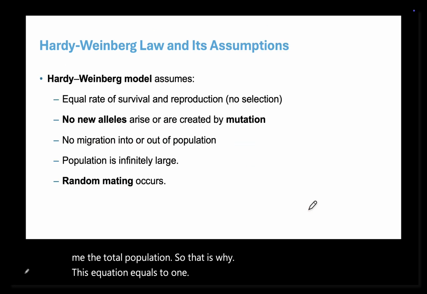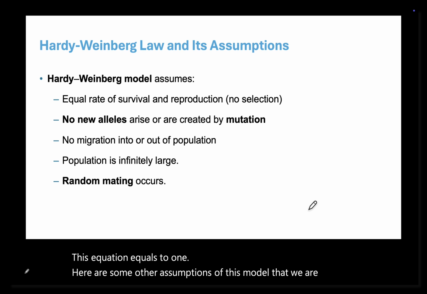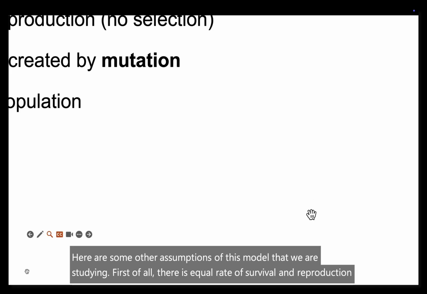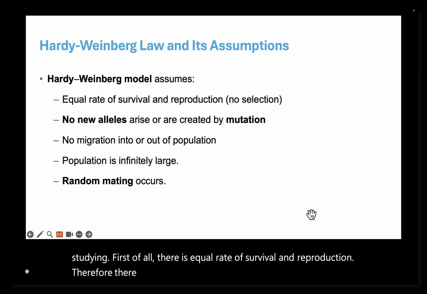Here are some other assumptions of this model that we are studying. First of all, there is equal rate of survival and reproduction. Therefore, there is no natural selection.